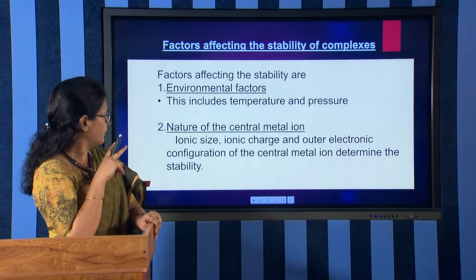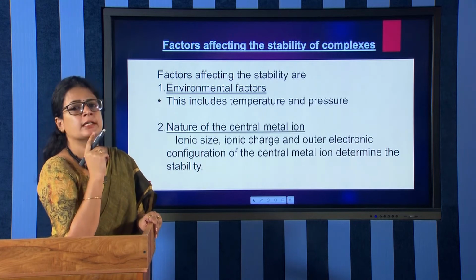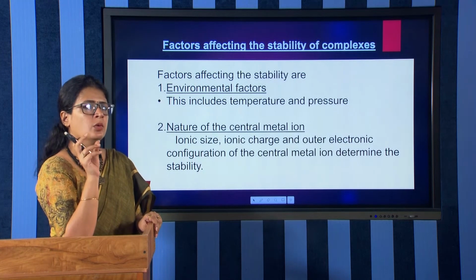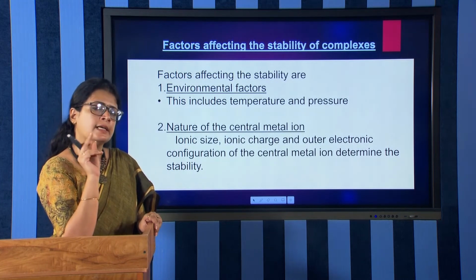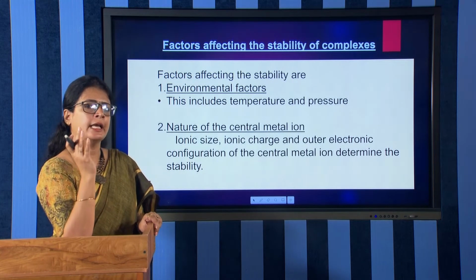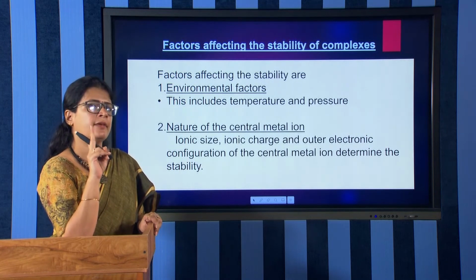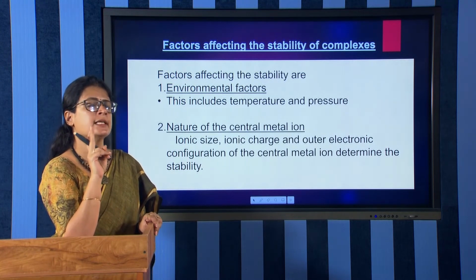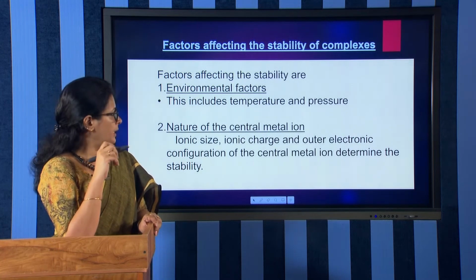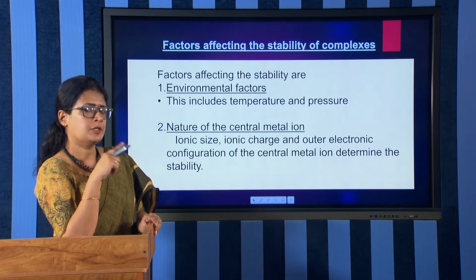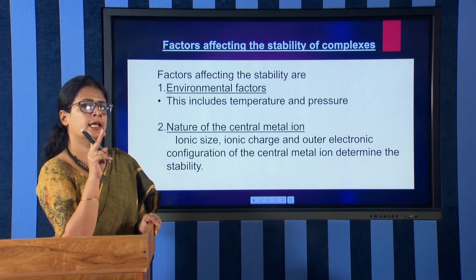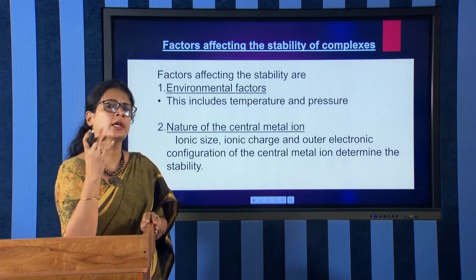Now the second factor is the nature of the central metal ion. A coordination complex has a central metal atom and ligands, so the second determining factor is the nature of that central metal ion. In the nature of the central metal ion, the determining factors are the ionic size, the ionic charge, and the outer electronic configuration.